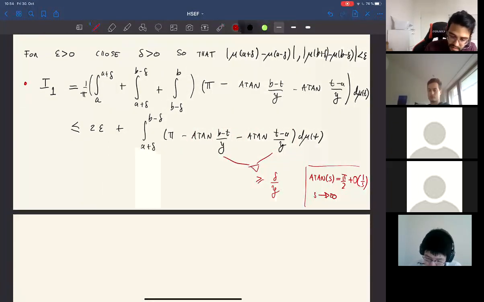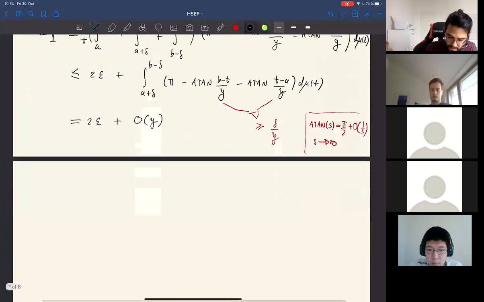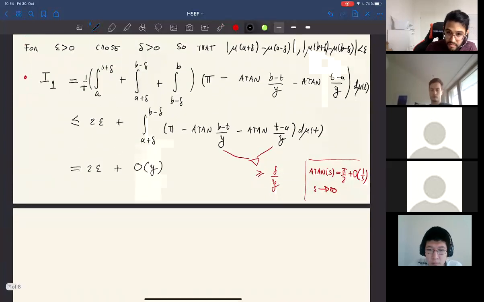So if you do that, what you get in the end is just 2 epsilon plus O of y. So great, when y goes to 0, this first integral will be at most 2 epsilon. Any questions in this computation?